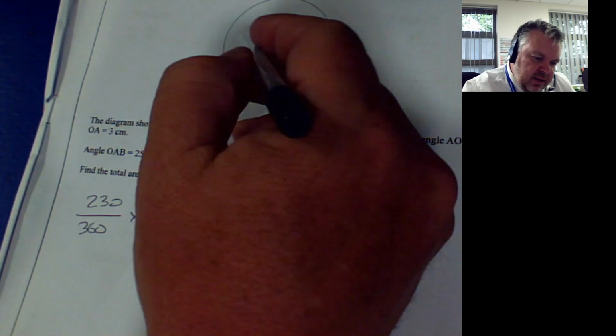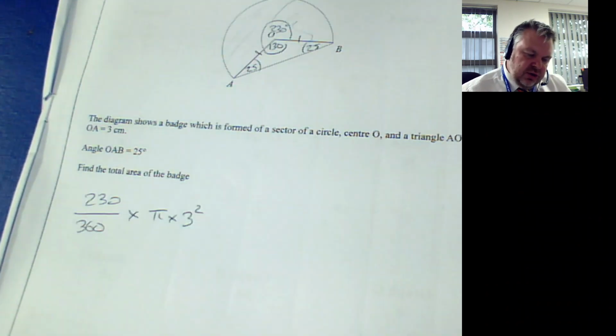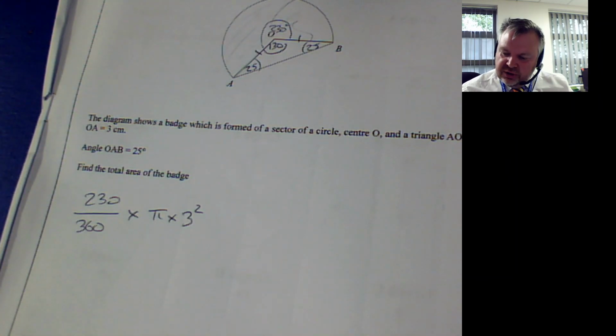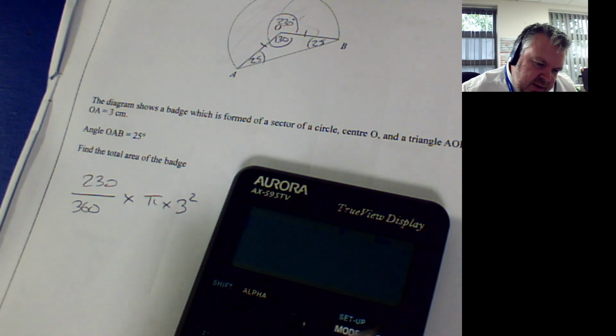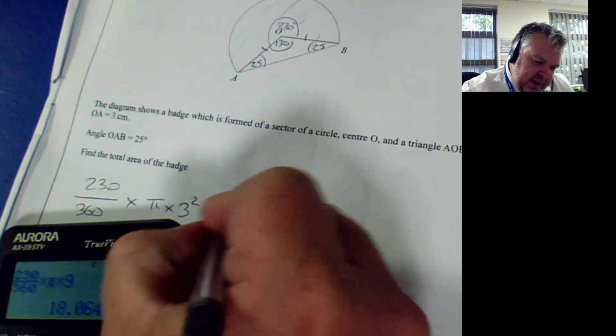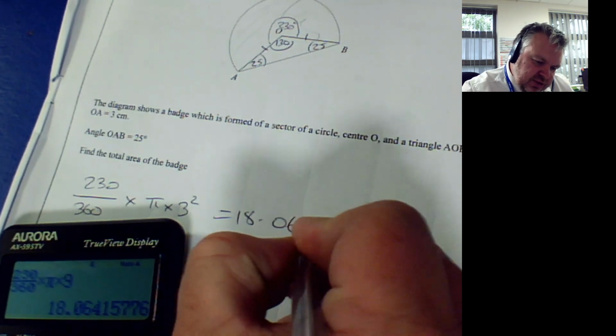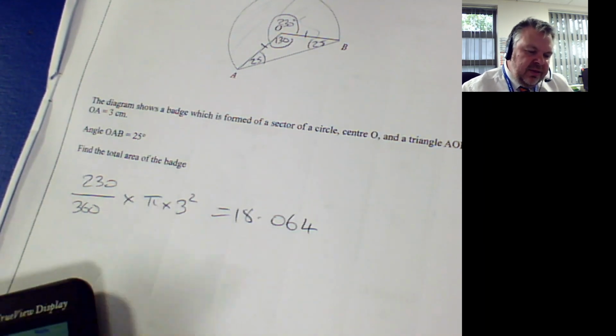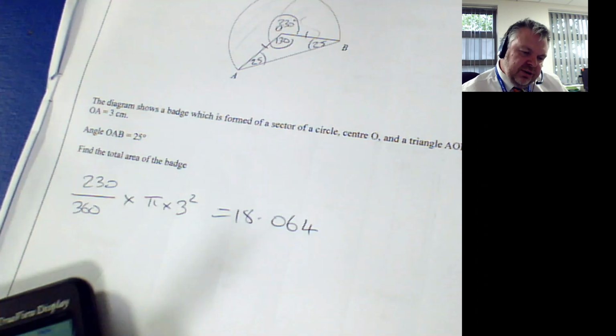So this gives me the portion of a circle. I'll do that bit first. The sector, 230 over 360 times pi times 9, so this bit is 18.064.